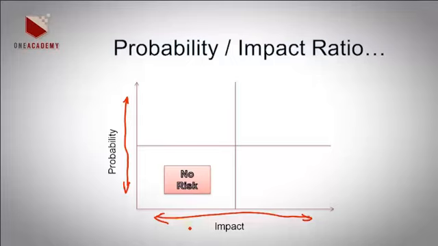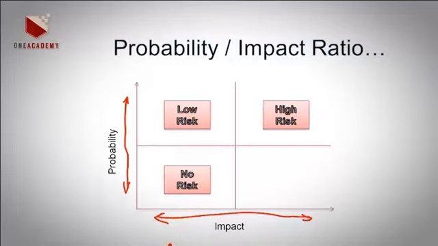Then we can have a high probability event with low impact. So we are going to define this as a low risk. Next, we have a high probability, high impact event. This is a high risk event. It would be mentioned in our risk management plans, and we should be ready for it because it is a high probability event.